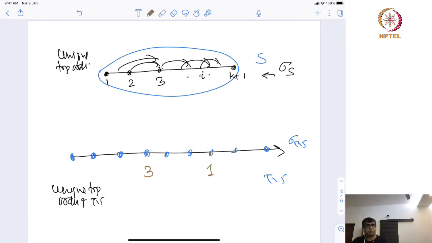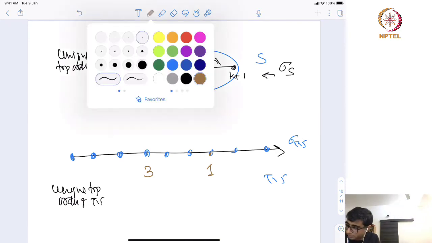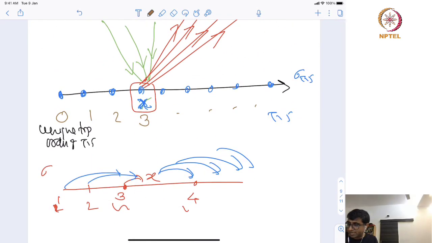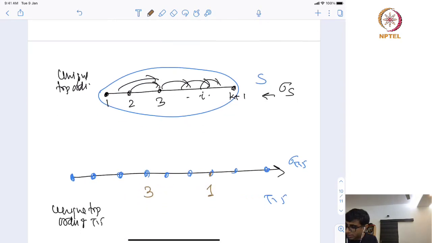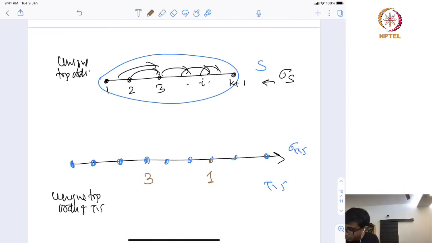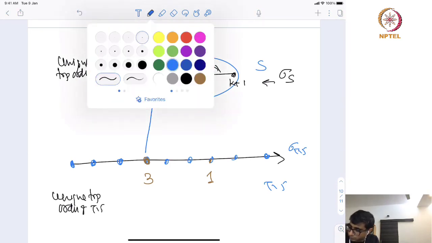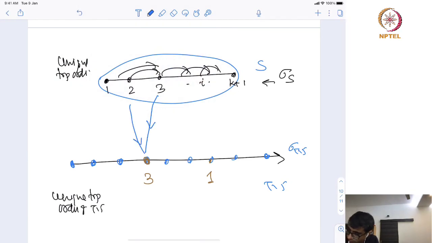What is the meaning of that? x says that I have to go to location 3, meaning this particular vertex has an arc of the following nature, up to this. And this other one says I need to go to location 1.